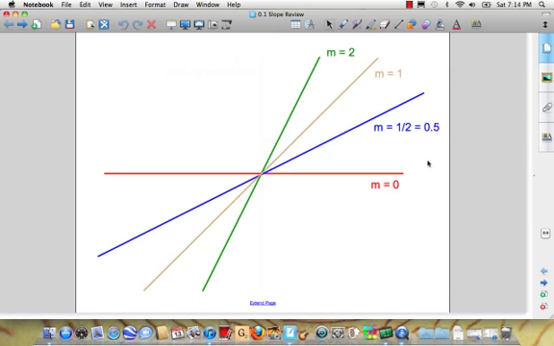You could express it as a decimal if you wanted. The tan line has a slope of 1 and the green one has a slope of 2. I'll explain later exactly where those numbers come from. For now, notice that as the line gets steeper, the slope gets bigger.